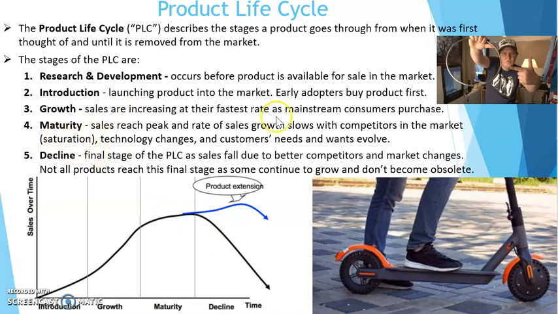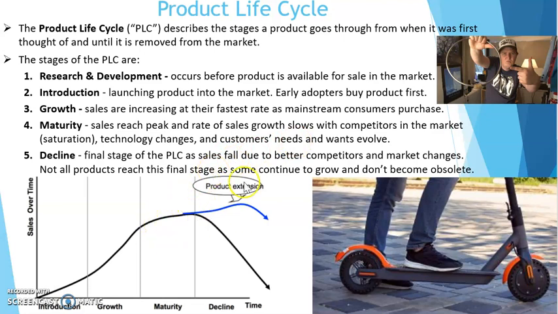The market is saturated with competitors because businesses have become aware that this is a market and a product that is satisfying customers' needs and wants, and they're going to get a piece of the action by creating their own version of the product. Also, there's a bit of a decrease in that rates of sales rise because customers' needs and wants evolve.